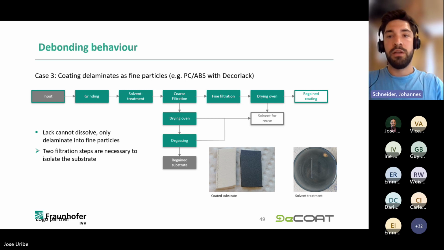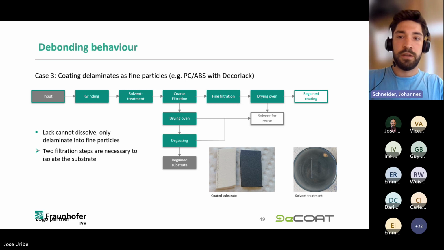So it can be filtrated more easily with a coarse filtration step. And then we need a second filtration to get the fine powder from our solvent in the solvent recovery, but we can recover our substrate material with a single coarse filtration step. And then, of course, drying is like in the other two use cases or debonding cases.